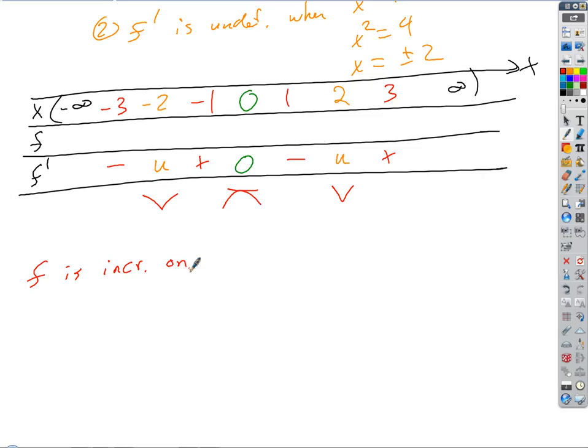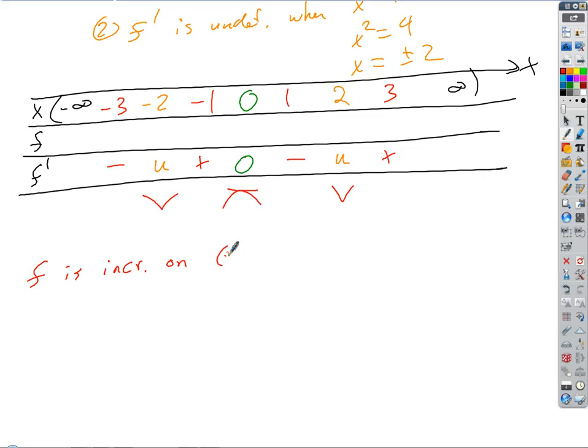If we want to know the intervals where the function is increasing and decreasing, f is increasing on what intervals? Where it's positive first derivative, right?